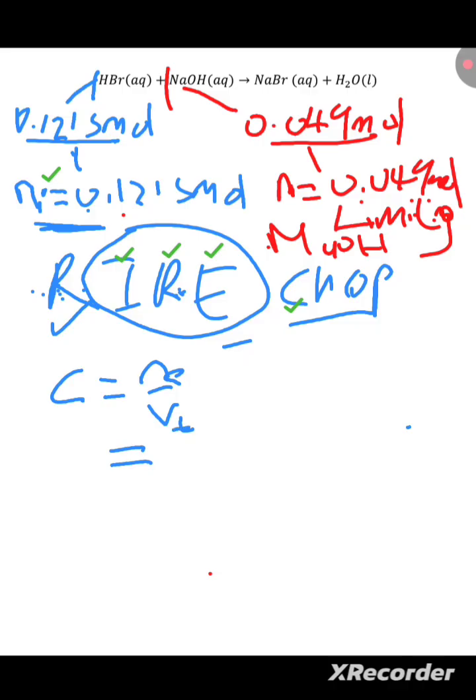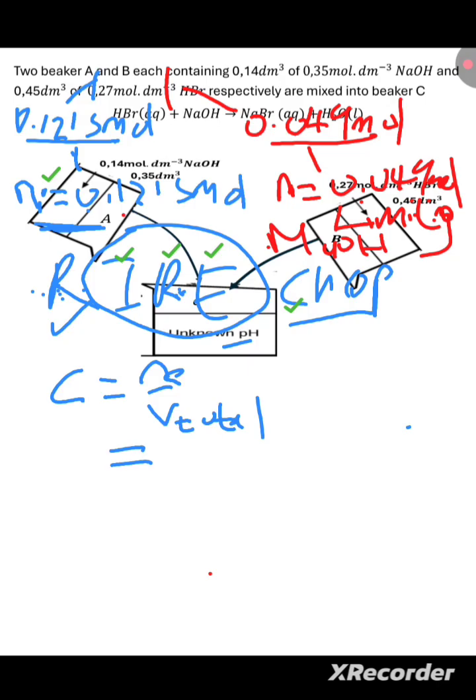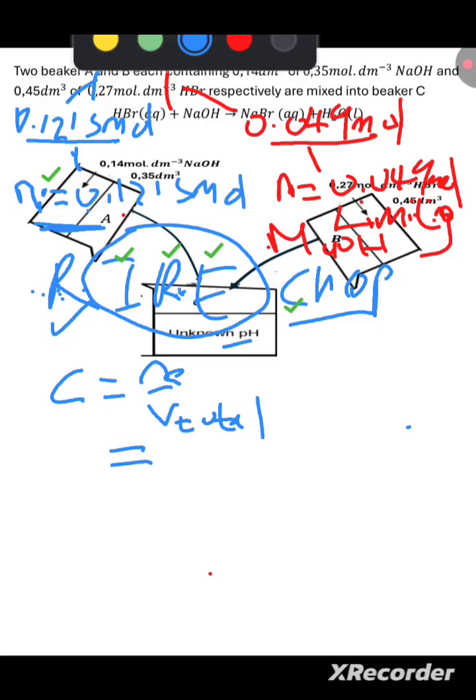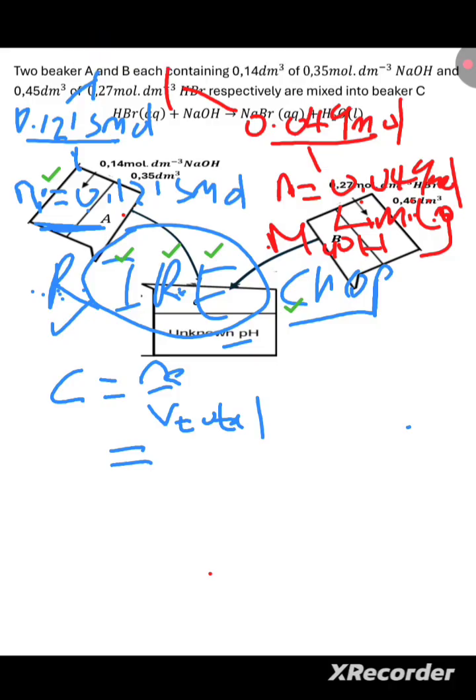When you combine the volume of the acid and the base, this will be the total. Let me just check what the volumes were. The volume of the acid was this one, and the volume of the base was this one.